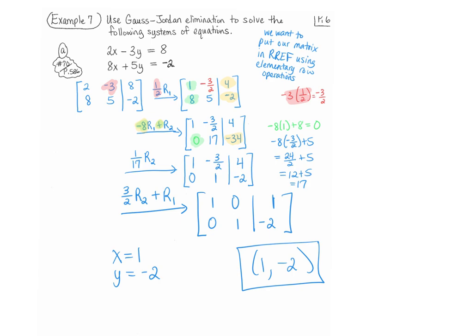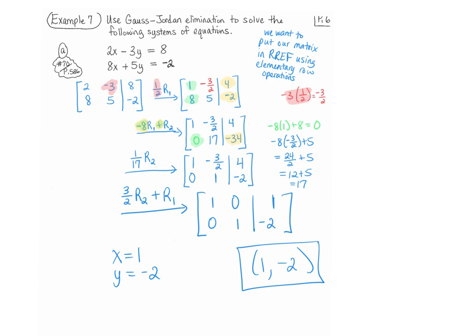Yes. For Gauss-Jordan, yes. So just to repeat, the question was, do we keep repeating our elementary row operations until we find out what X and Y equal? The answer is yes if we're solving by Gauss-Jordan elimination.